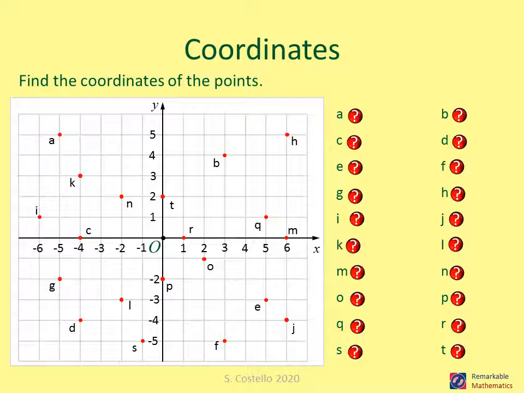Well, hopefully we didn't have too many problems there. So for A, we have (-5, 5). B, (3, 4). C, (-4, 0). D, (-4, -4).